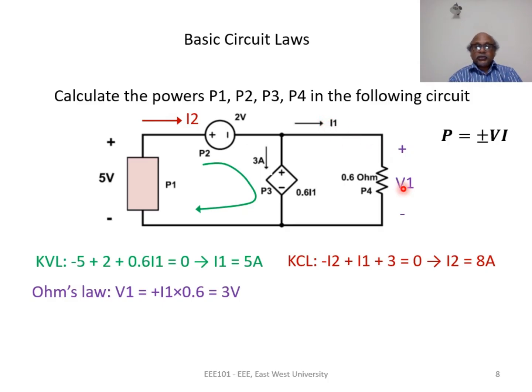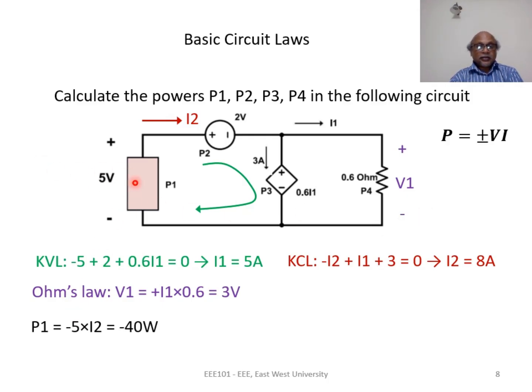And the current through this resistance is I1. If you look at the directions, I1 and V1 satisfy passive sign convention. So V1 is plus I1R. I1 is 5 ampere, R is 0.6 ohms. So V1 is calculated to be 3 volts. Okay. So we now have all the voltages and all the currents to calculate the four powers.